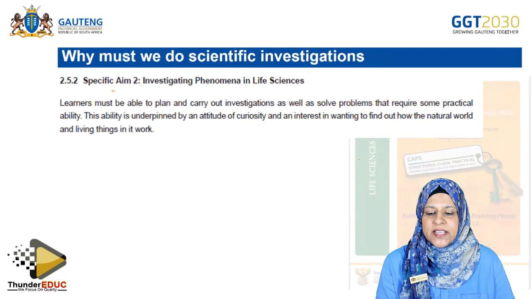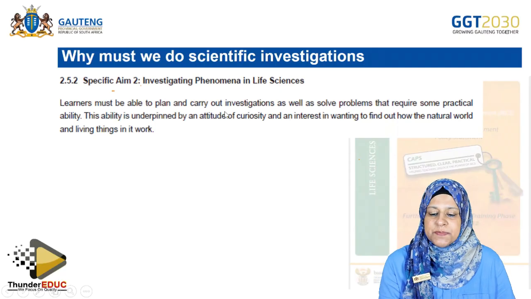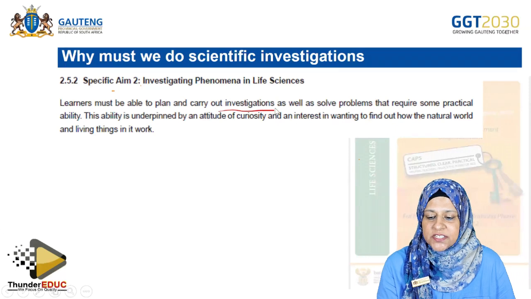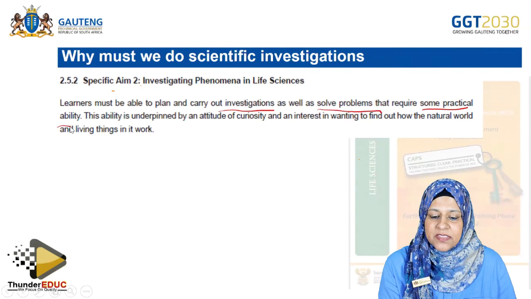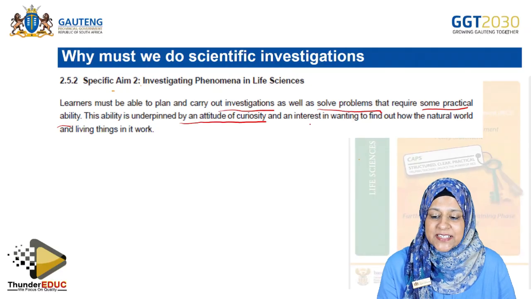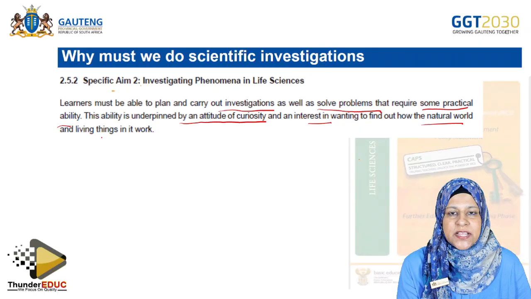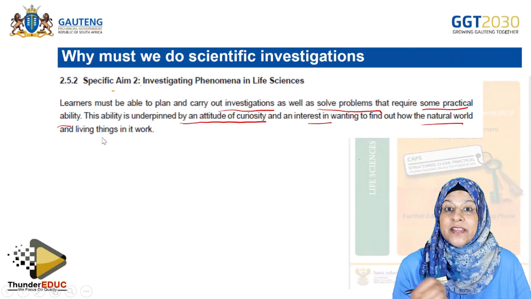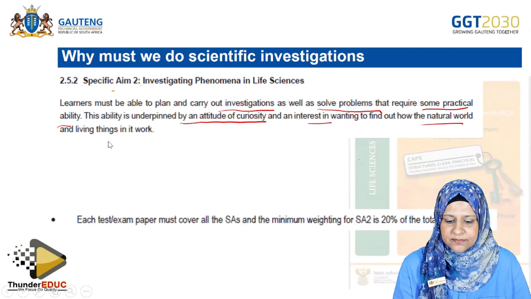Specific aim 2 is investigating phenomena in life sciences. So you must be able to carry out investigations, solve problems that require practical ability. The ability is underpinned by the attitude of curiosity and interest in wanting to find out how the natural world and living things work. So we are related to what is happening in the environment, related to life sciences.